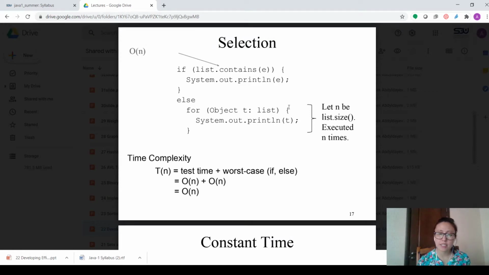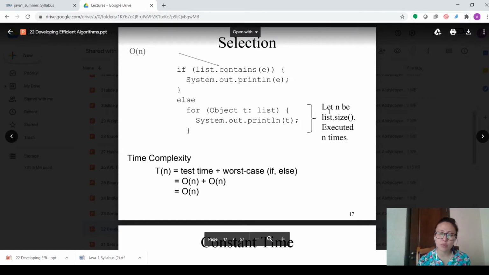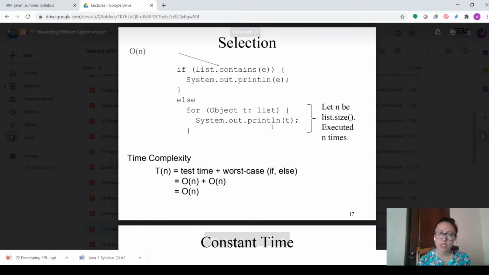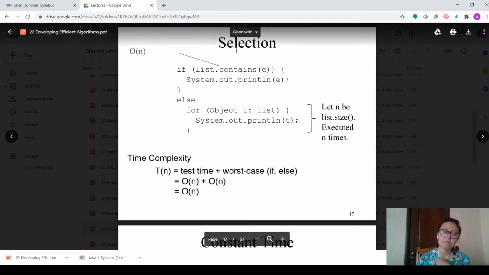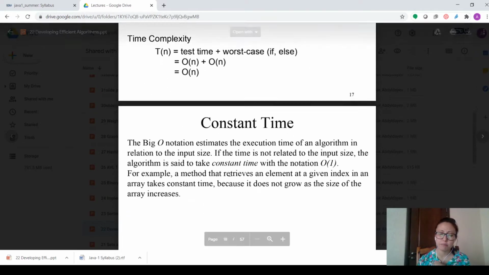If your size is n, then this loop will be performed n times. This will be performed also n times because it will go through all elements of your array. Then here we have O(n), here we have O(n) plus O(n) is 2 O(n). We are not taking into account the constants. Then the execution time of this selection is O(n).